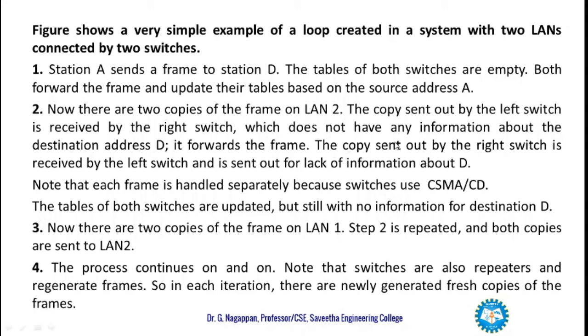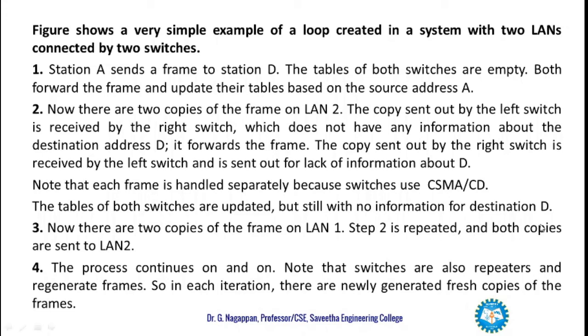The copy sent out by the right switch is received by the left switch and is sent out for lack of information about D. Note that each frame is handled separately because switches use CSMA/CD. The tables of both switches are updated, but still there is no information for destination D. Now there are two copies of each frame on LAN 1.